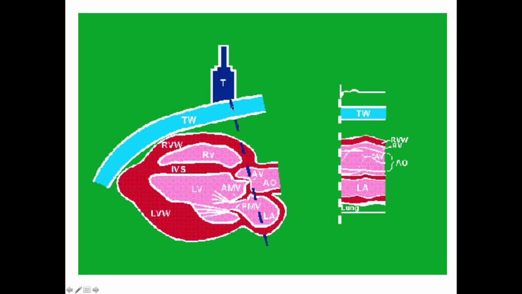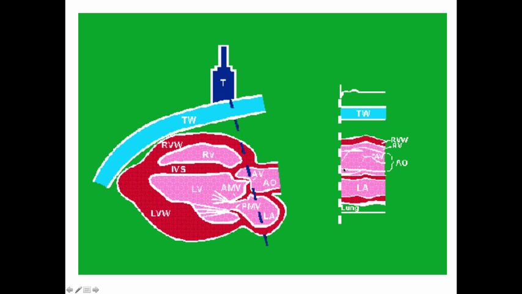Closest to the probe is the thoracic wall, translated here over time. Then as you go through, you see the aortic valve and then the left atrium here. The depth of what you see along the line in the 2D image corresponds to the depth along the line in the M mode image.